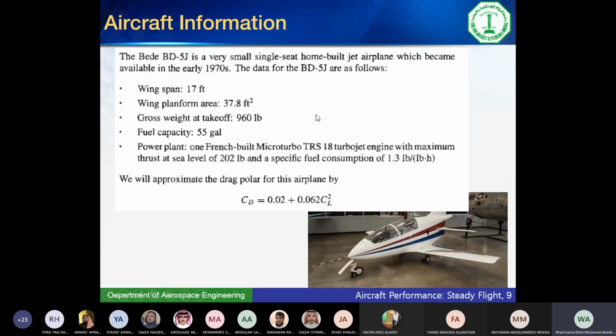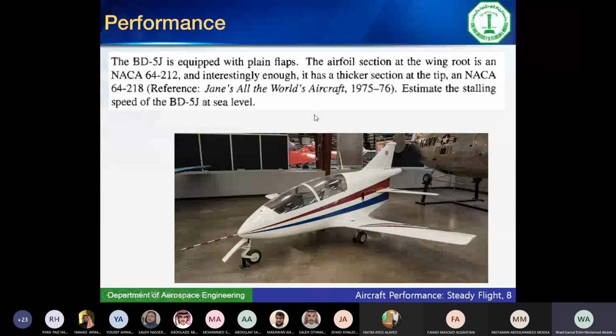Now, in analysis problems, just like the ones you are having in the exam or in homeworks, all the way through maybe week 8, you will have all the information of the aircraft. You will not make any assumptions in them. But later on, when we start doing design, starting week 9, you will need to assume some of the values that are not given in problems.